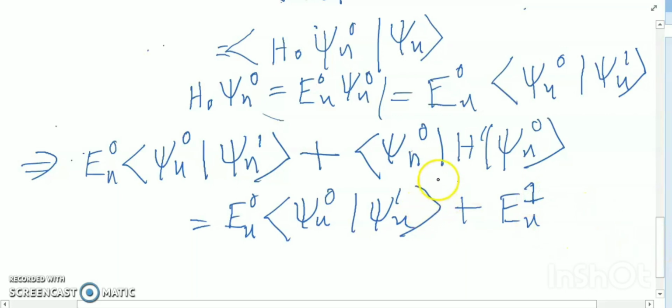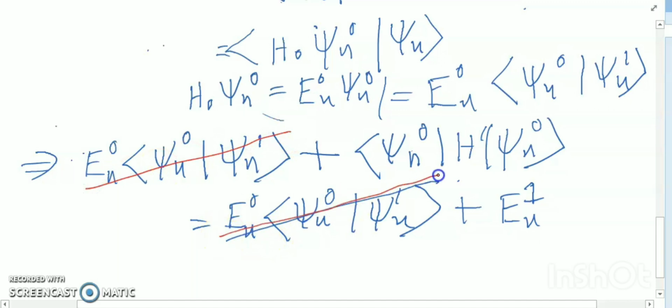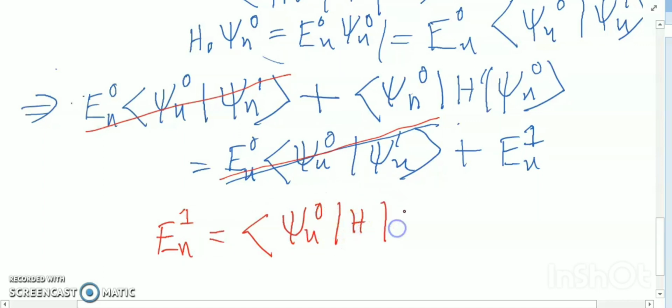So friends, this portion I can cut with this portion. So what we get is E n1 equals psi n0 H bar psi n0. Okay, first order correction.